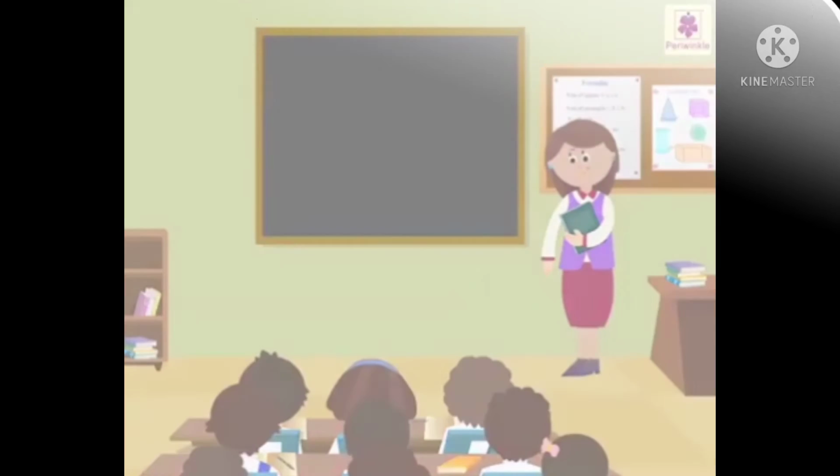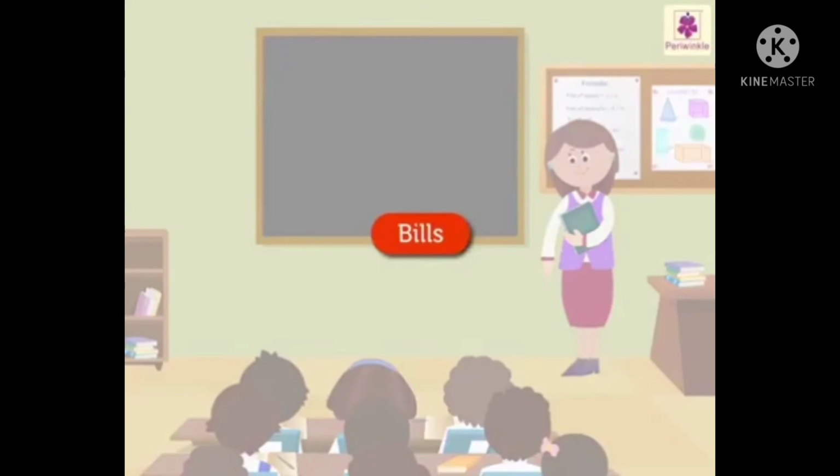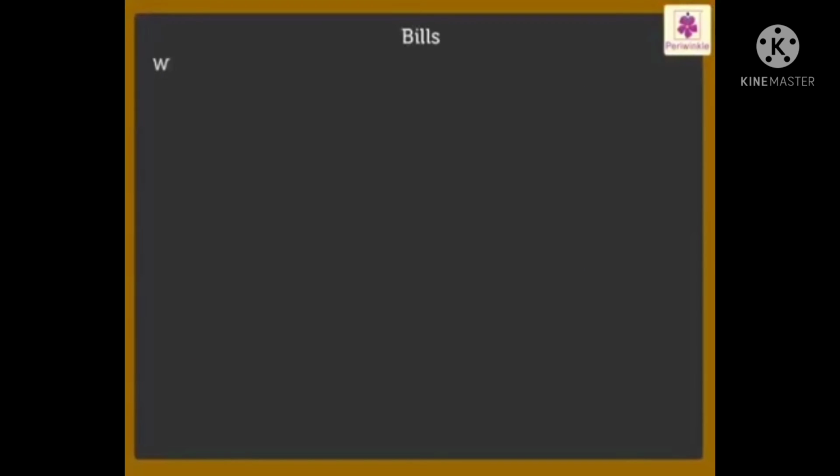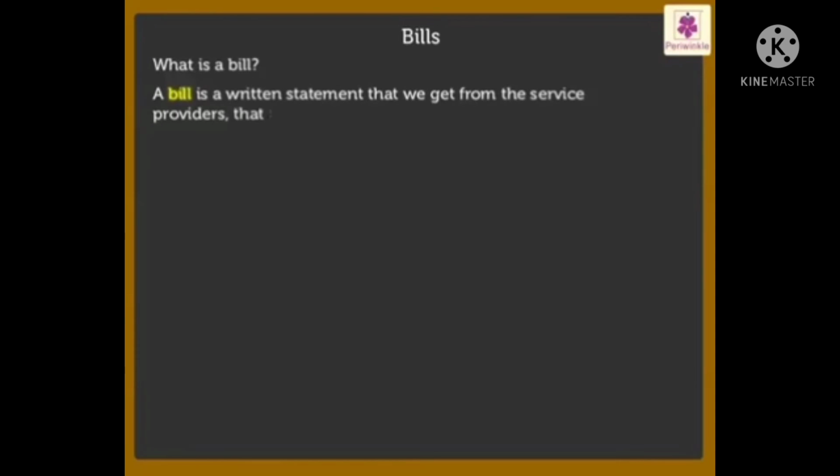Let us learn about bills and see how to prepare them. What is a bill? A bill is a written statement that we get from the service providers that tells us the amount we paid for various services or purchases we made.